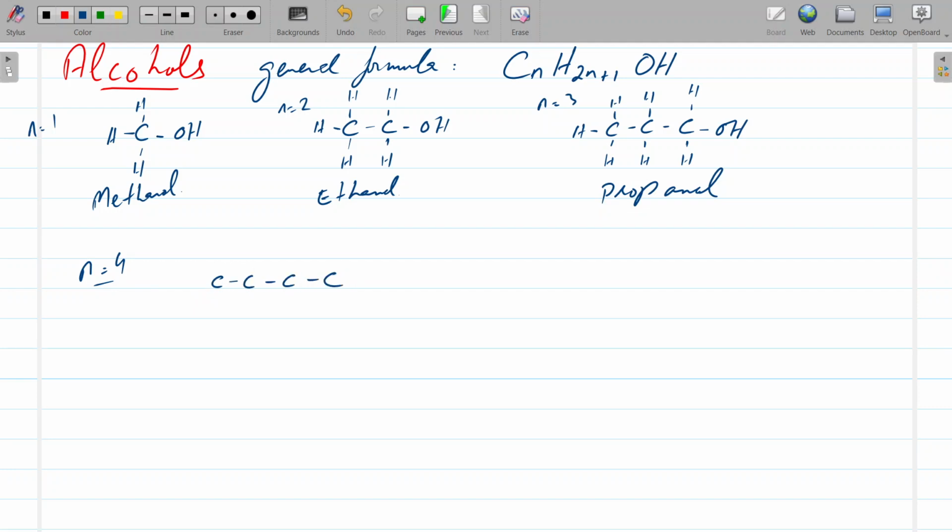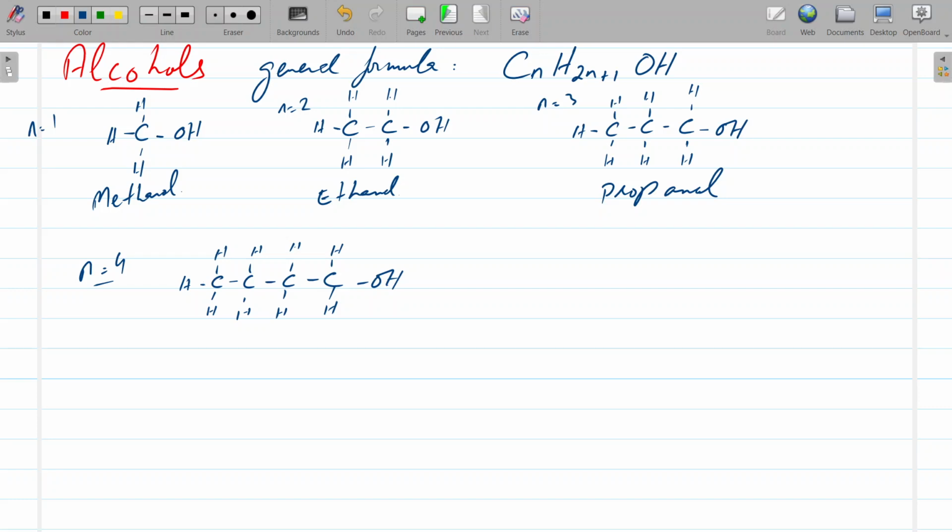And when n equals 4, 4 carbons and 9 hydrogens. How do we name a molecule that has 4 carbons?